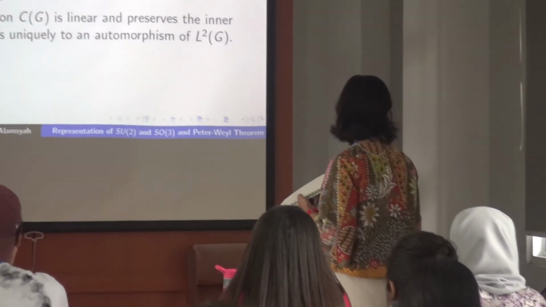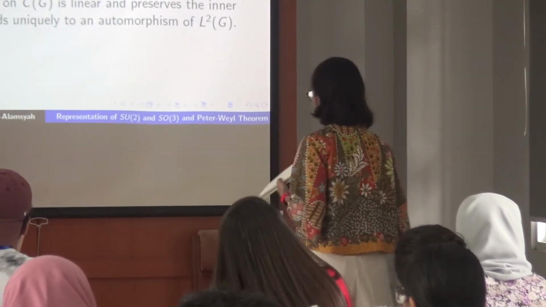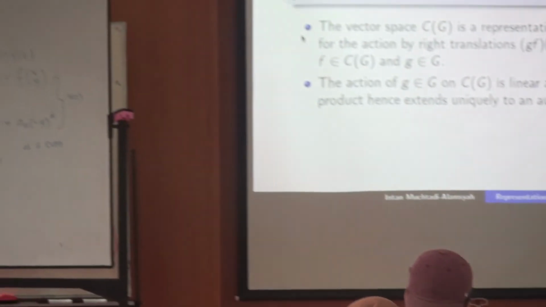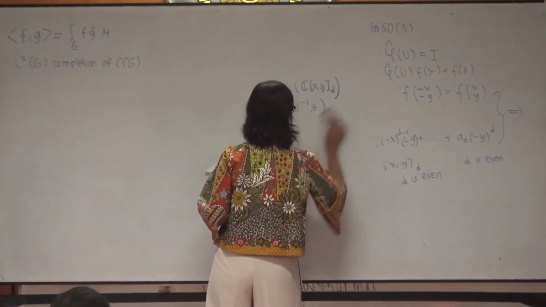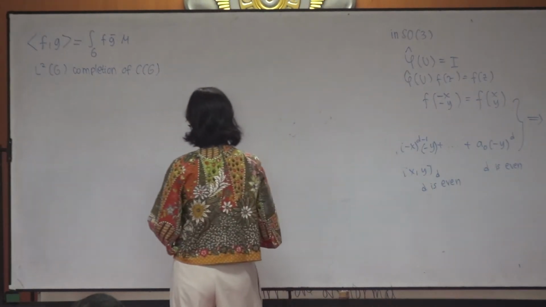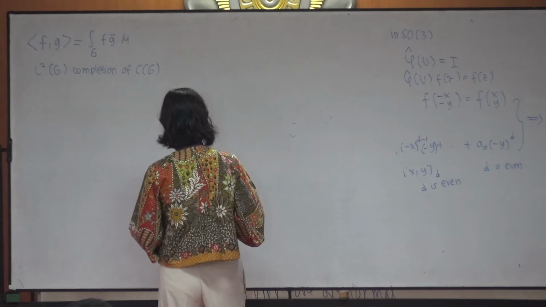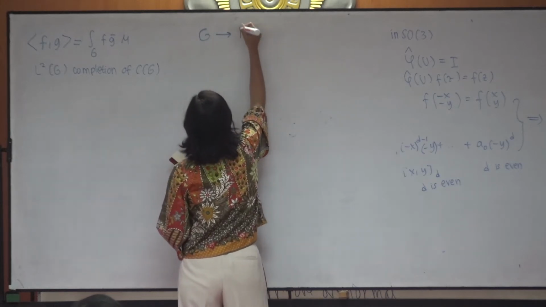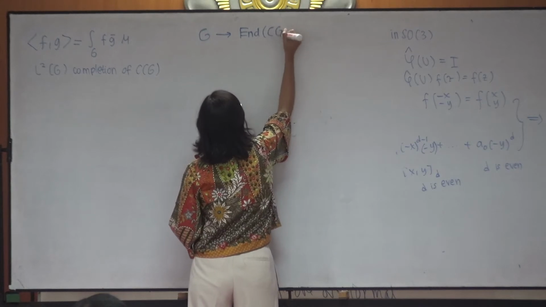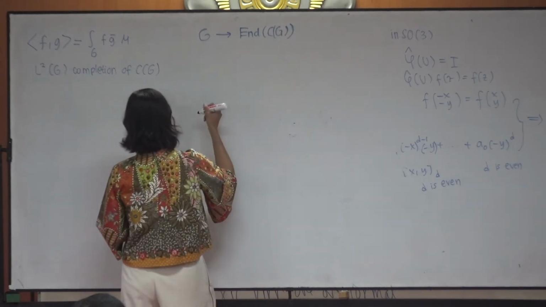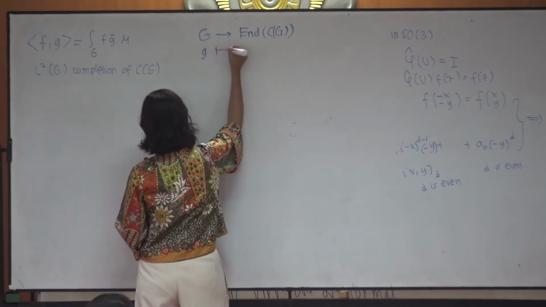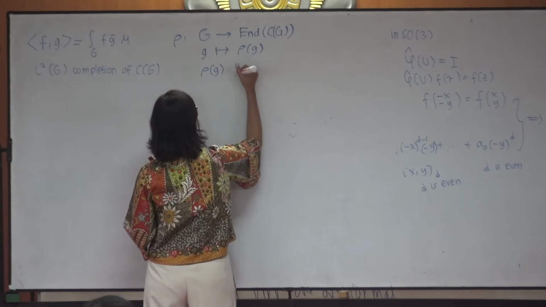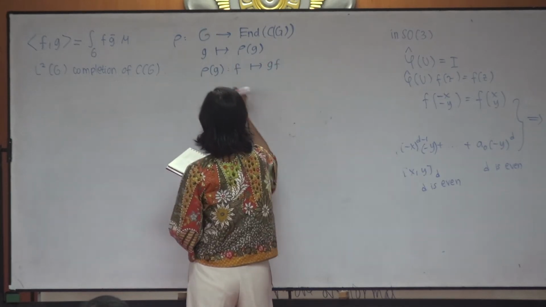And we can have CG as a representation of G. This sends g to rho g, where rho g sends f to g times f.